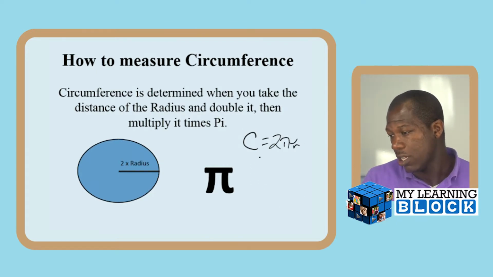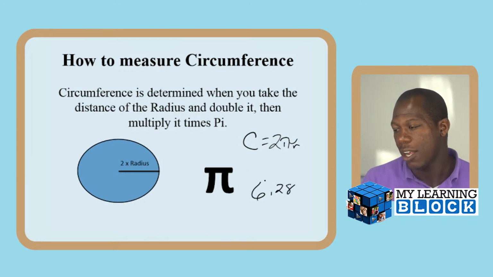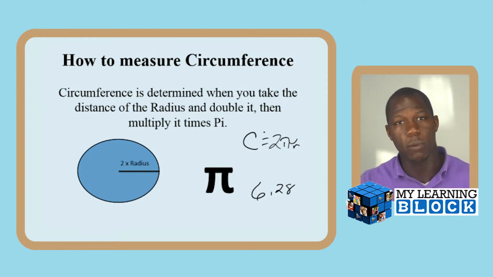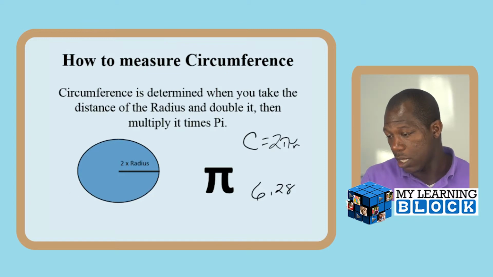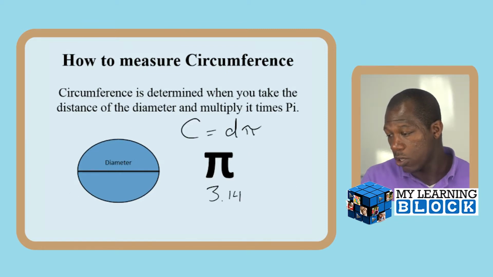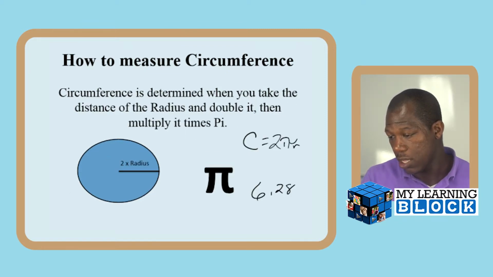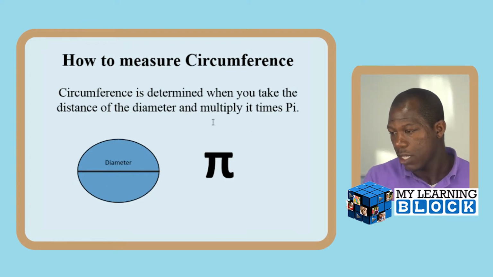So you could then just say 6.28. I think that's 2 pi times the radius, or double the radius and multiply it by pi. But for the purpose of today, we are going to simply focus on measuring diameter times pi.